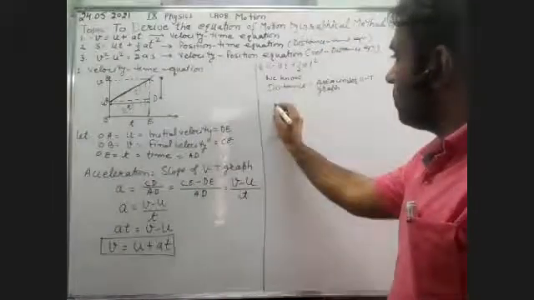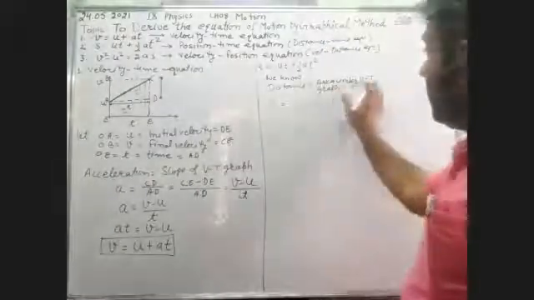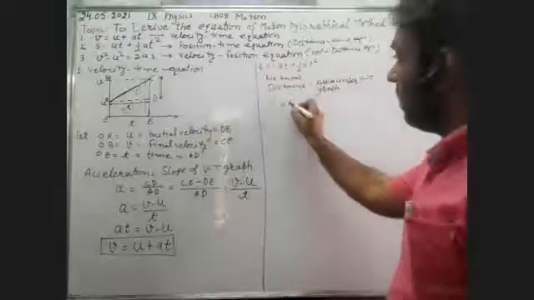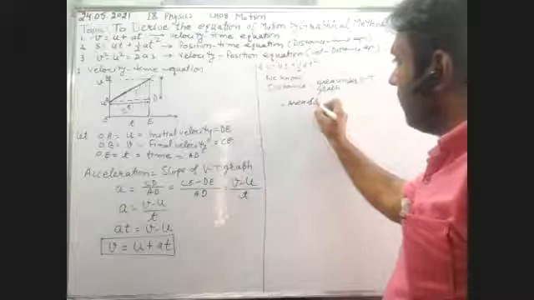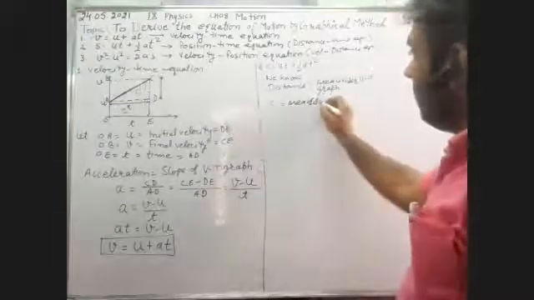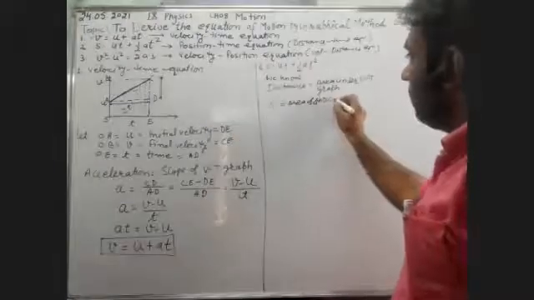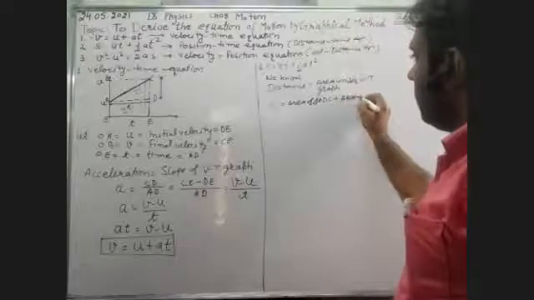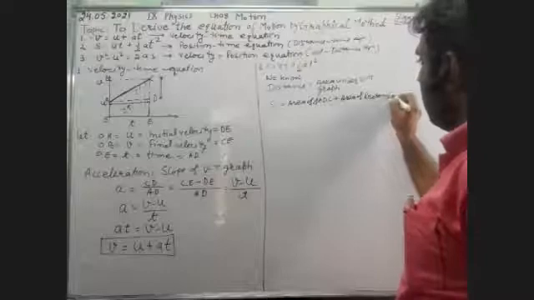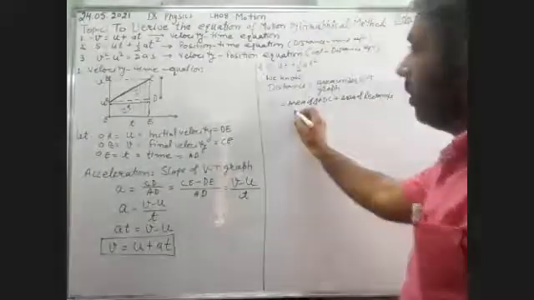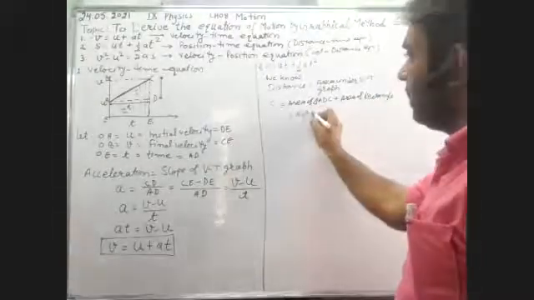For distance, we are using the symbol S. What is the area under the VT graph? Area of triangle ADC plus area of rectangle OADE. This is our required area.